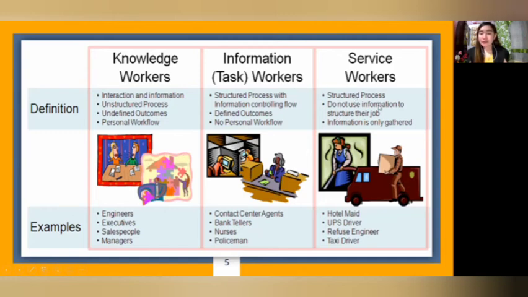Lastly is service workers. Service workers have a structured process. They do not use information to structure their job and the information is only gathered, as you can see in the picture. Examples are hotel maids, UPS drivers, refuse engineers, and taxi drivers.